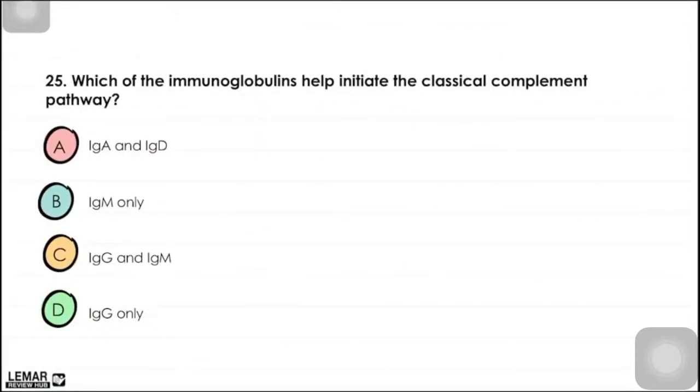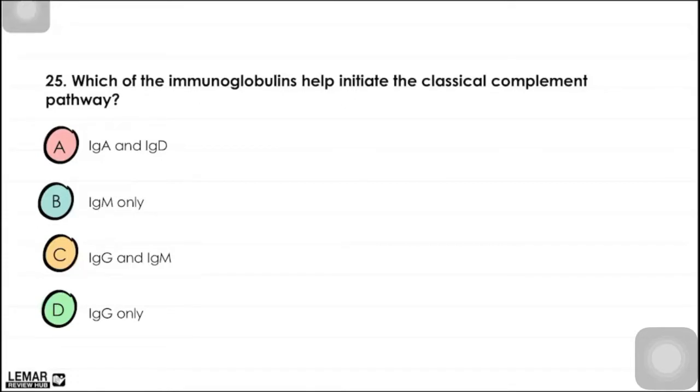Number 25, which immunoglobulins help initiate the classical complement pathway? So, as discussed kanina, we have the classical pathway, which is initiated by immune complexes, apoptotic cells, viruses, gram-negative organisms or bacteria, and C-reactive protein which is bound to a ligand.